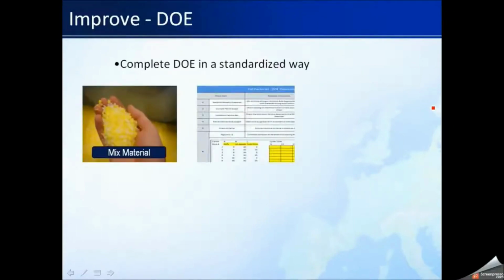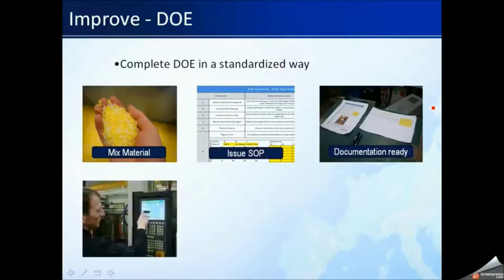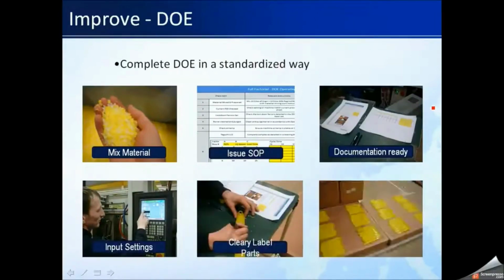So really important that we do a great procedure when we do this. You'll see how disciplined this team have been here in making sure that this DOE goes really well. Labeling all the parts. Very important that the parts are well looked after, well labeled.